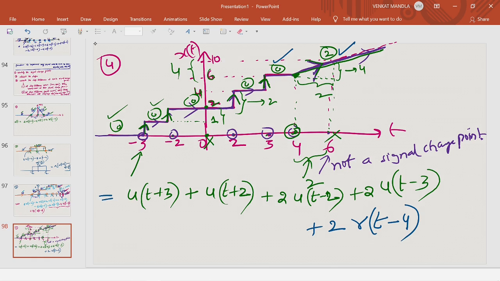This is the signal. Okay. You just follow the procedure, you can write for any signal. Try to solve all the previous GATE questions from this area, then you will get some idea. You just need to follow the steps I have given. Okay, that's it.